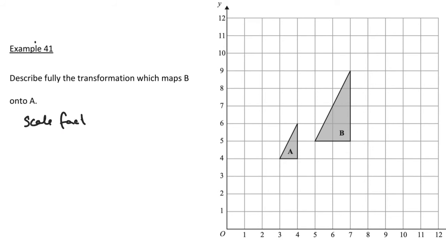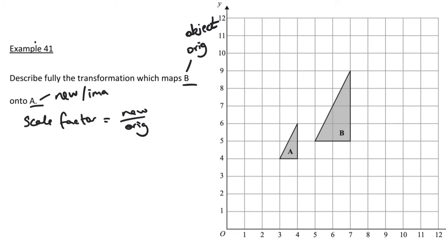And scale factor is the new over the original. And because we're going B onto A, that means B is the original and A is the new, or B is the object and A is the image.